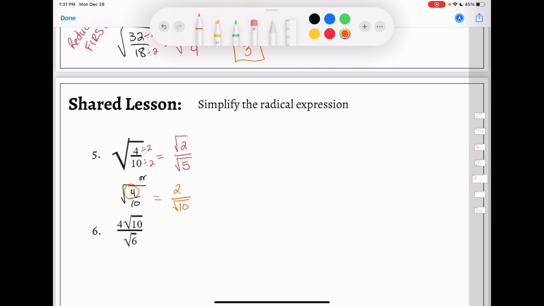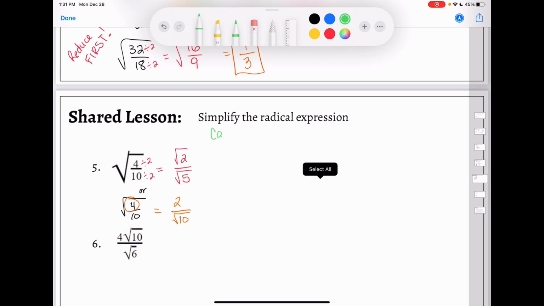So because of this situation, we have a rule when we're dealing with dividing radicals: we can never leave a radical in the denominator. Never leave a radical in the denominator.